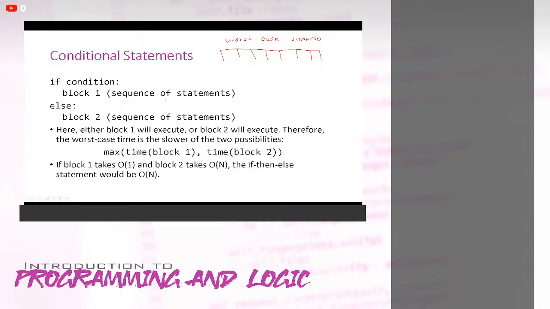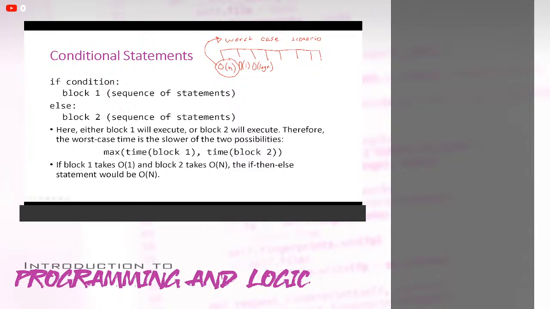So if we look at our conditional statement as a whole, the complexity of this conditional statement is the most complex leg of the condition. Right? So if we had one condition that was O of n, one condition that was O of 1, constant time, one condition that was O of log n, just these different complexities going down the line, whatever the most complex condition is, is the worst case scenario.